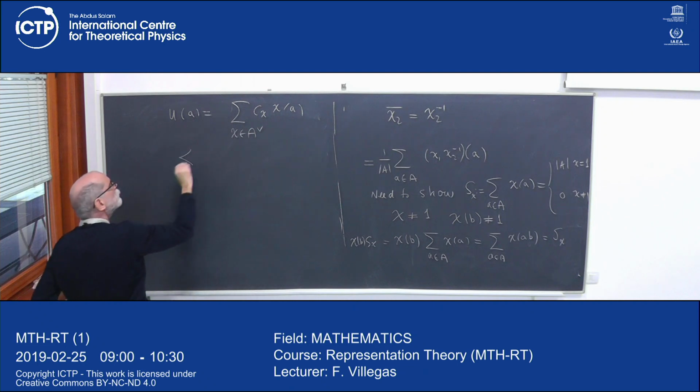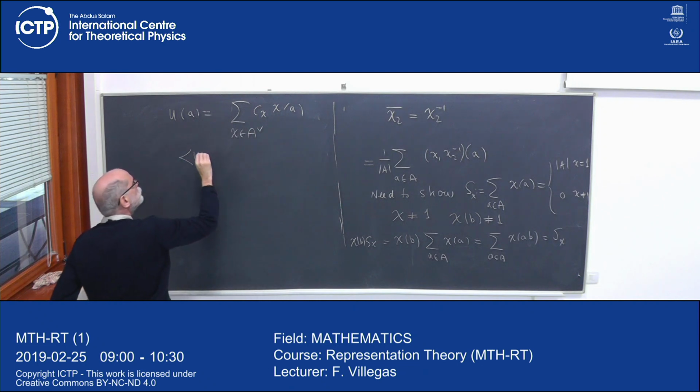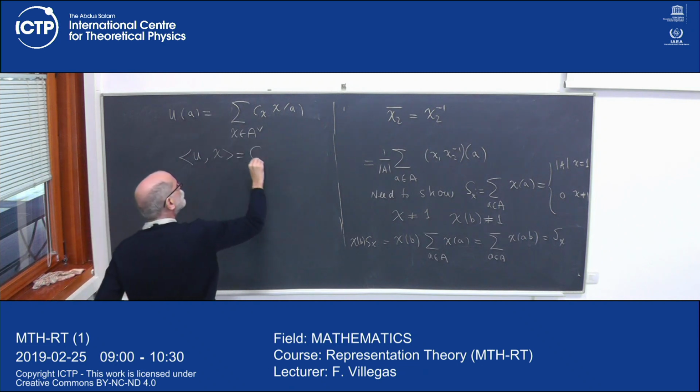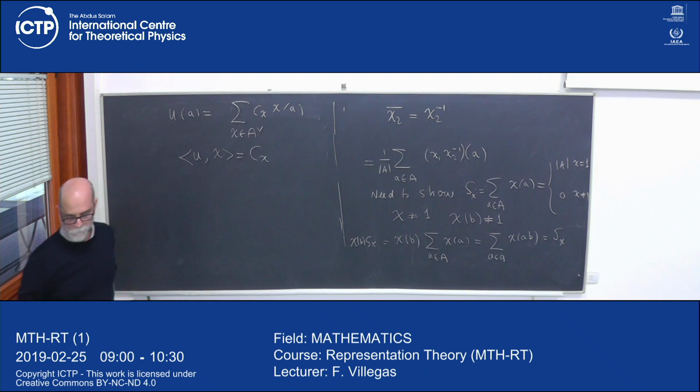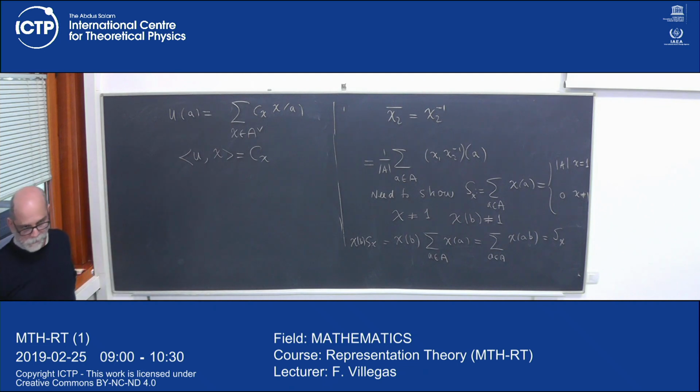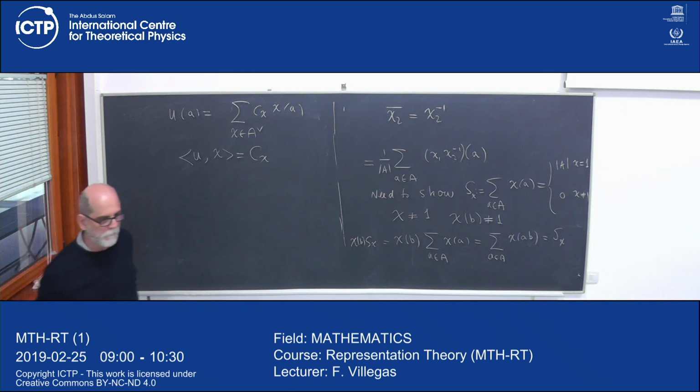And because the basis is orthonormal, let me make sure I get this right. I think this is right. This is C chi. So I can compute this Fourier coefficient by taking the inner product with U.